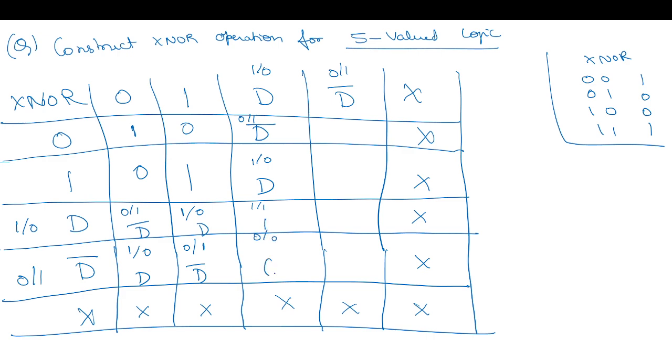This will be 0 by 0, so 0. Again, this will be 1 by 0, so D. 0 by 1, so D complement, 0 and 1. So this is the 5-valued logic table for the XNOR gate.